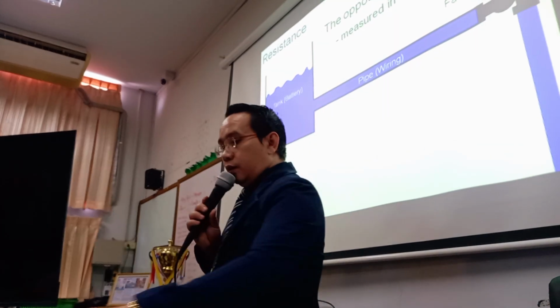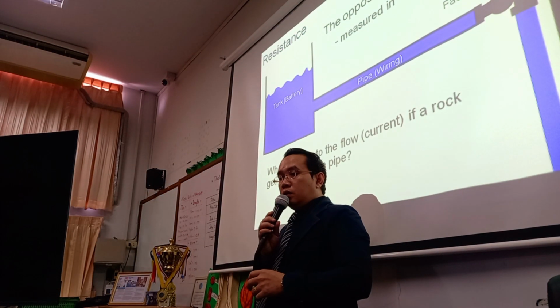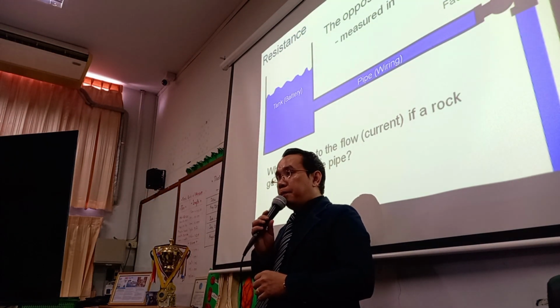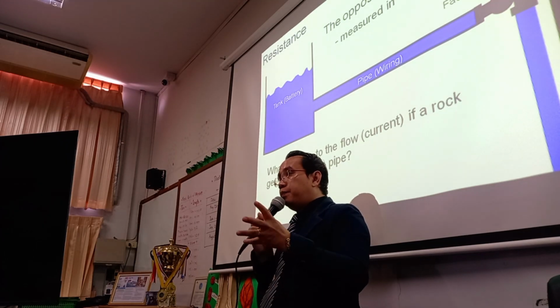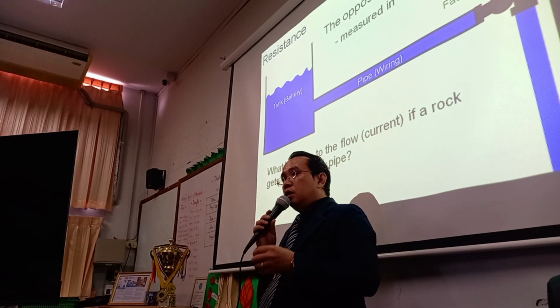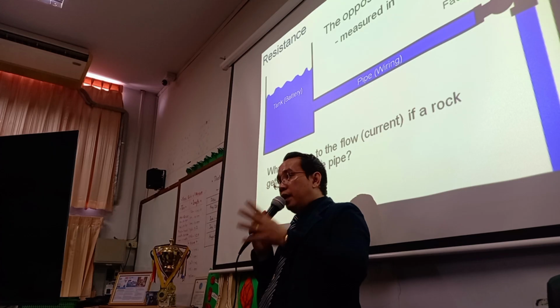So this one emphasizes what happens to the flow of current if a rod gets lodged or blocked in the pipe. Sometimes you may experience that there were sand particles that blocked the pipeline.